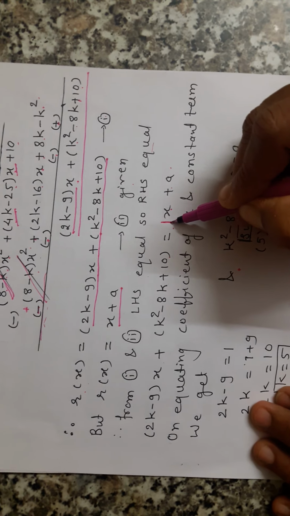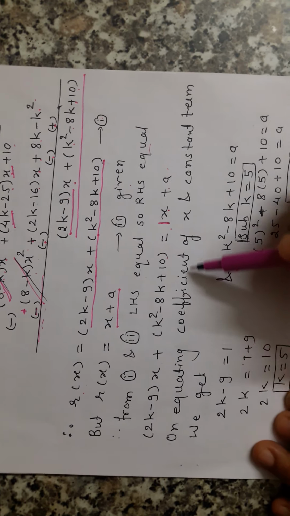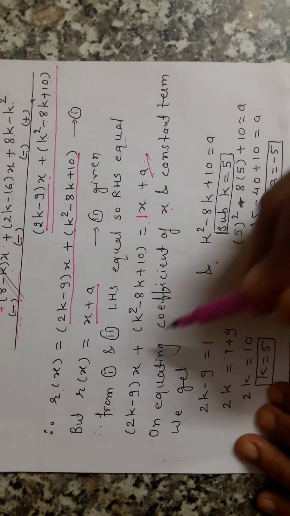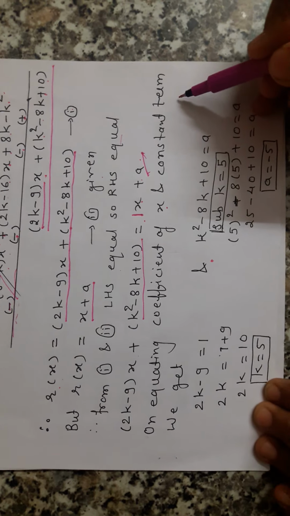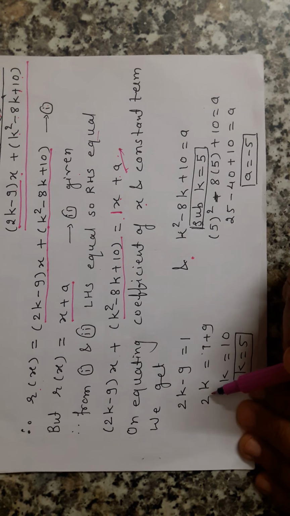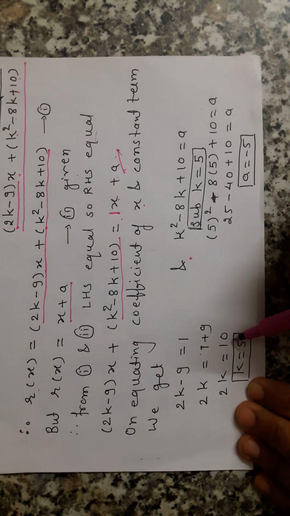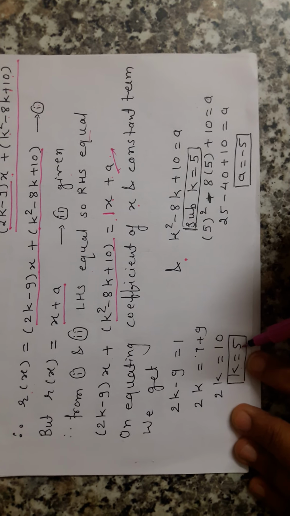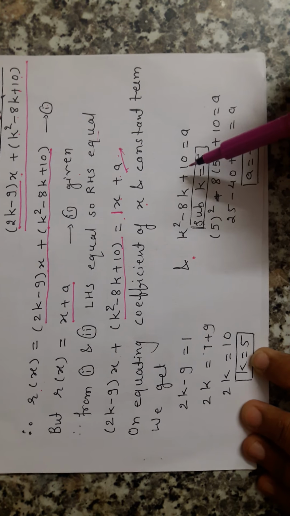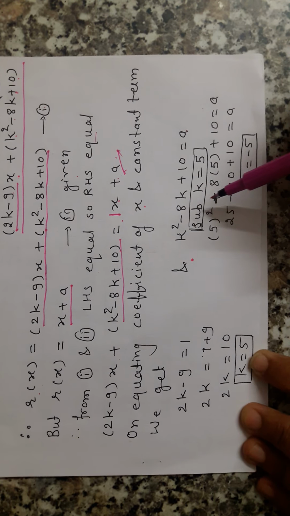What is the coefficient of x? It is 1. On equating the coefficient of x and the constant term, for the coefficient of x we get 2k minus 9 is equal to 1. 2k is equal to 1 plus 9, which is 10. So we got the value of k as 5. And second, k square minus 8k plus 10 is equal to a.